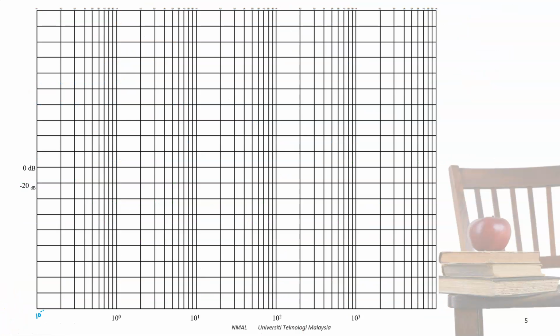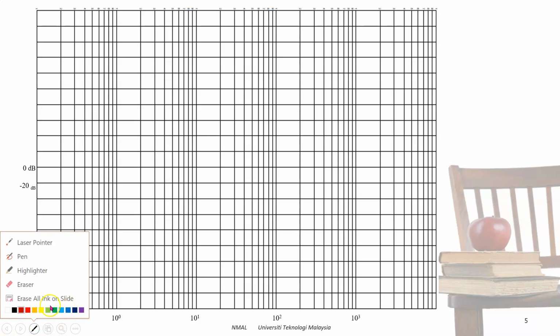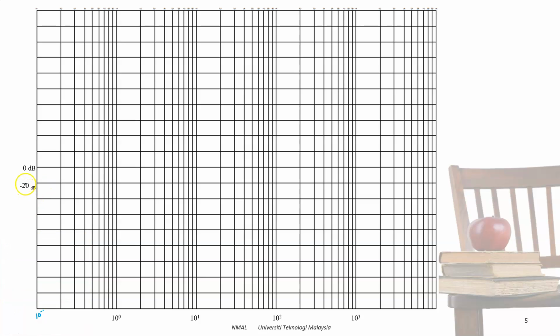Where to plot? We have the value for each of the magnitudes at the corner frequencies. So I have labeled here from 0.1 up until 1000 because I want to make my plot larger.